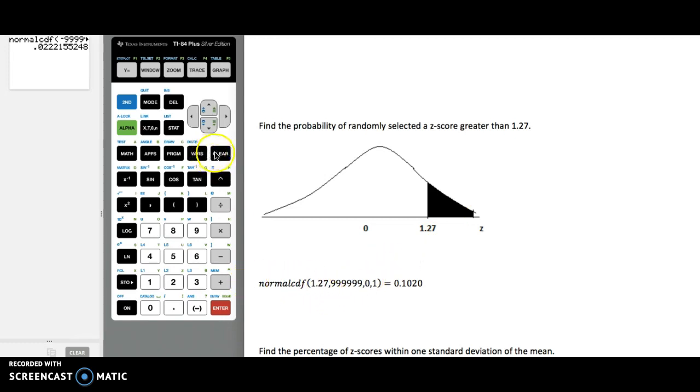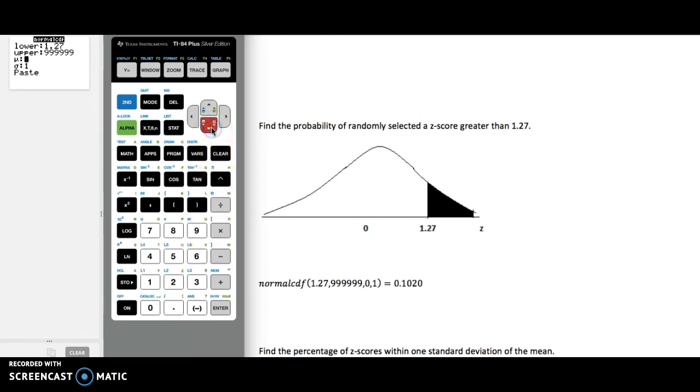And so go in the calculator, clear it out, go to second, vars or variables, and go down to the second option, normal CDF. And here, I'm going to delete the whole thing. We need to put in the lower bound, which is 1.27. Press enter, clear out the upper bound. We need to put in that large number, 999,999.